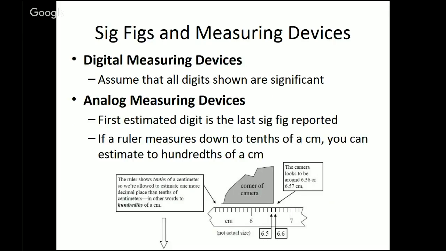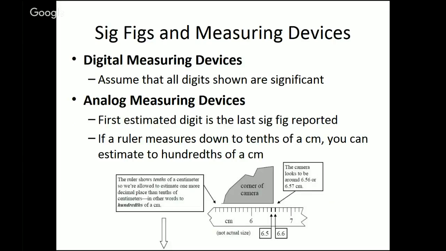So let's talk about both. Most of the time, you're going to be using digital devices in the lab. And if you measure something on a balance, for instance, and it shows a number on its screen, it's perfectly fine to write down all of the digits that it presents you with. Okay, so that's easy. It pops up a number, you write it down, you're done.